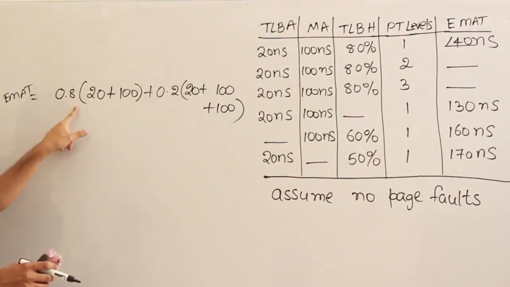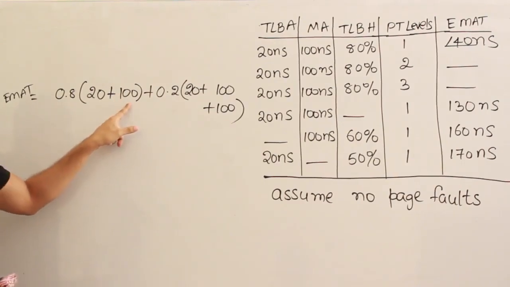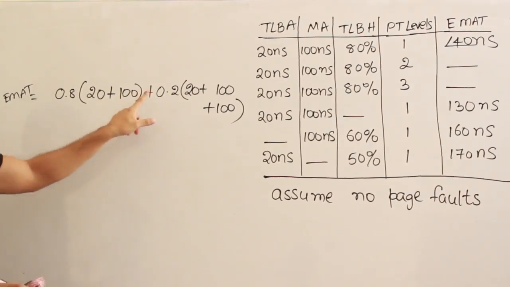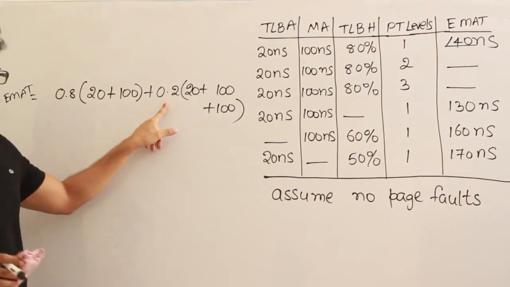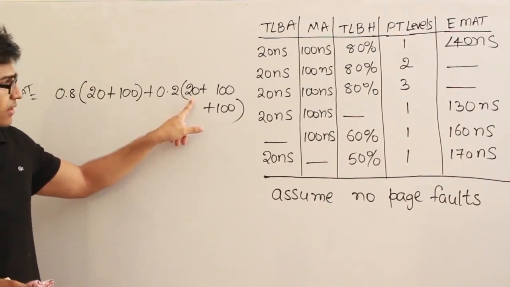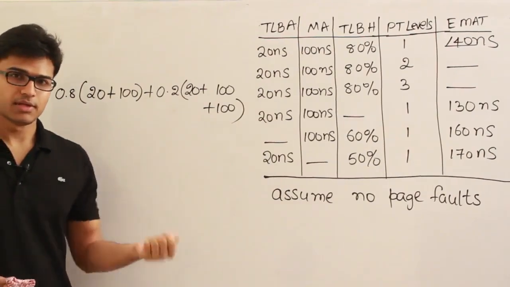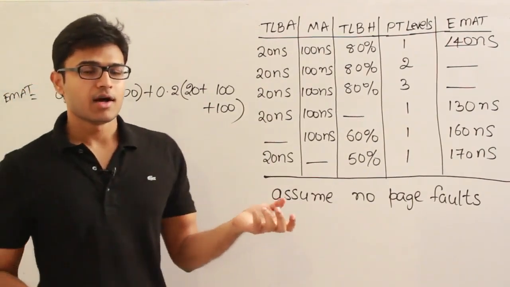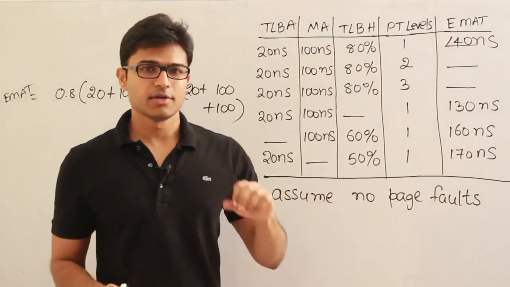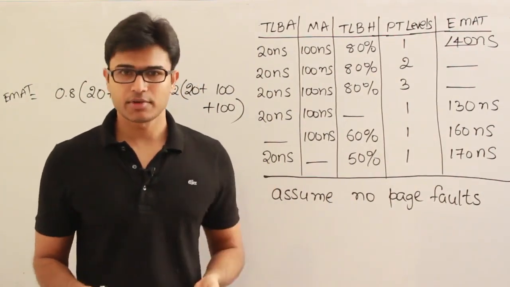Therefore, just search the TLB, then go to the main memory and get the word. That's it. If it is not present in the TLB, that is where the difference is. You have to find out first that it is not present in the TLB, then go into the levels of the page table and get the required page table entry. Got it? And there are no page faults, which means all the pages are present.